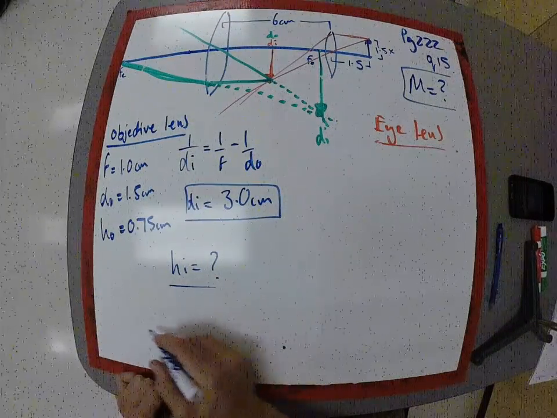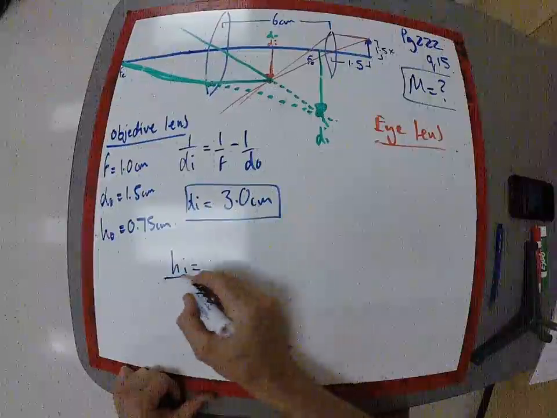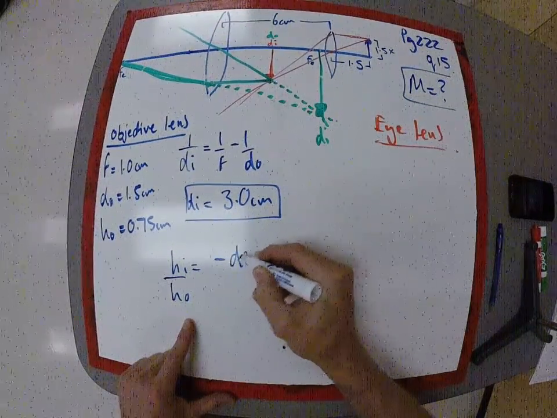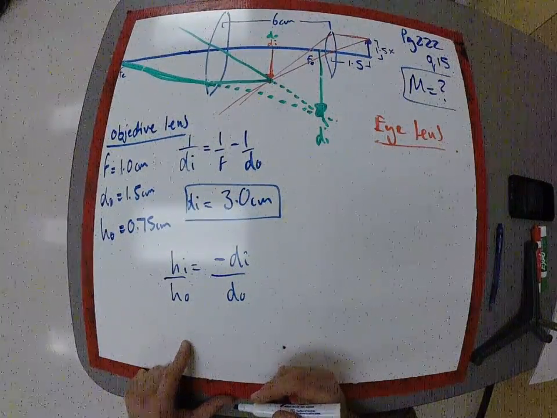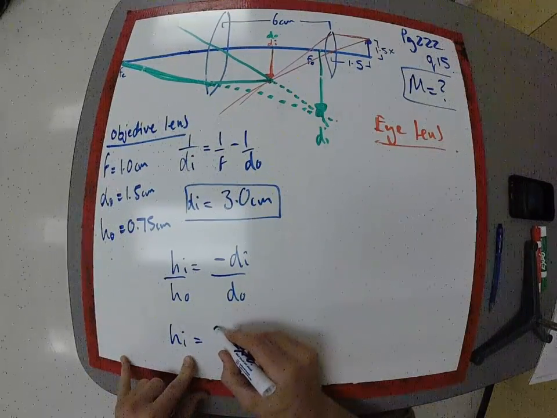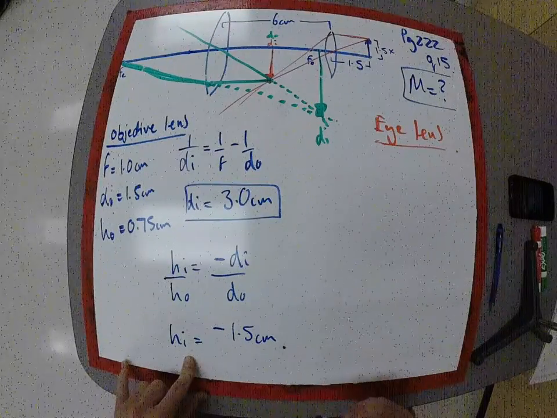And we know that HI over HO is negative DI over DO, and we can just plug these values in and work out that the HI is negative 1.5 centimeters.